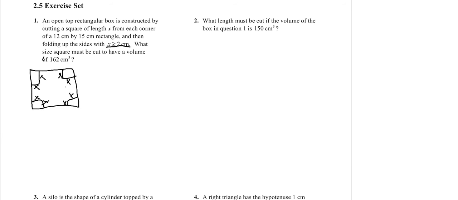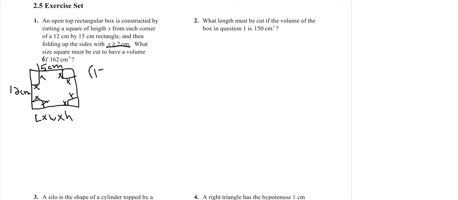So now that we have that, we know the formula for a rectangular prism is length times width times height. And we know that one side is 12 centimeters, one side is 15 centimeters. So now we're going to insert the measurements into the formula.